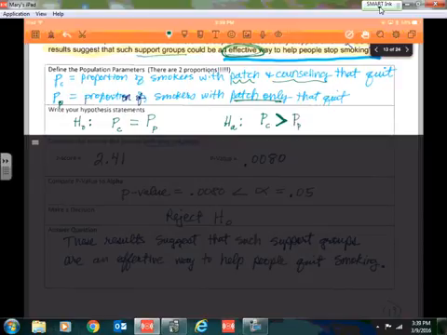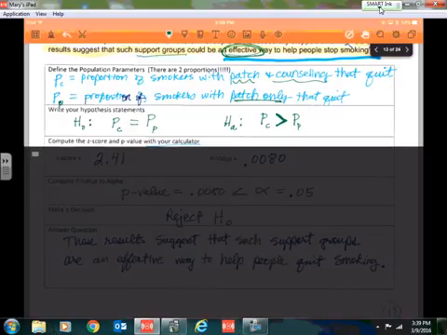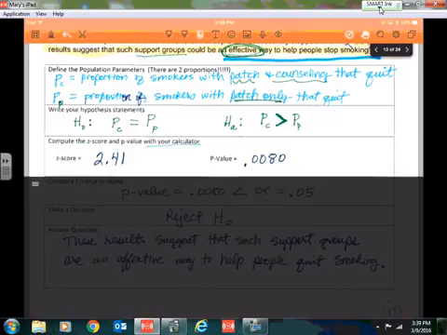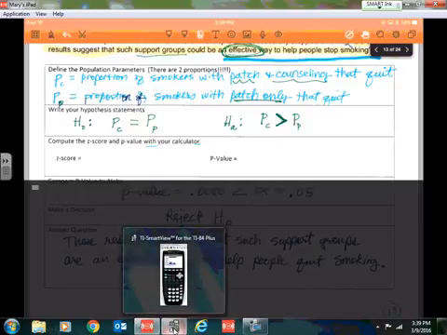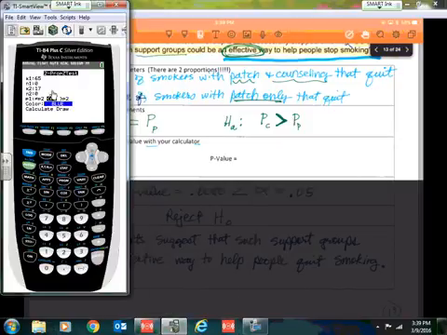Now, here comes the part that is new. It is how we do this in your calculator. I'm going to go ahead and erase these numbers and we'll put those up in a second. What I want to do is show you on the TI-83 where you go to do this. You start with your calculator, choose the Stat button and go over to Tests.